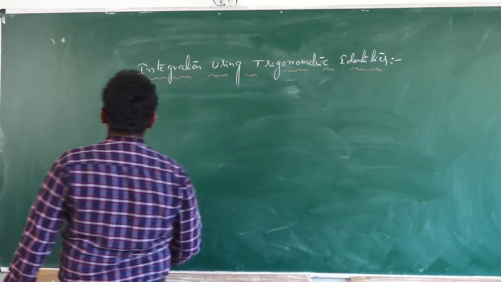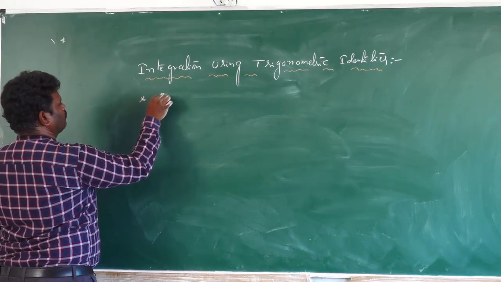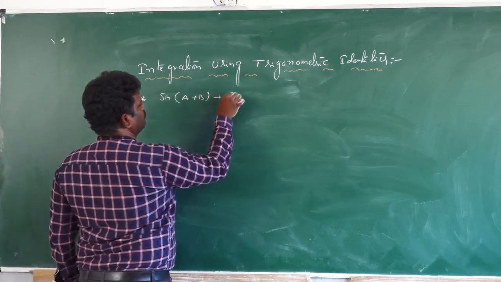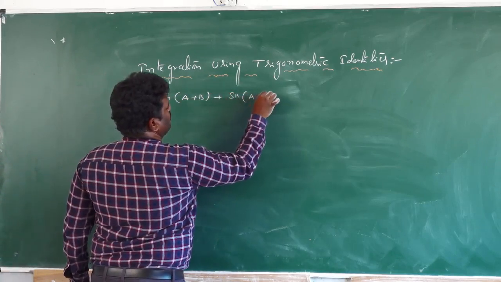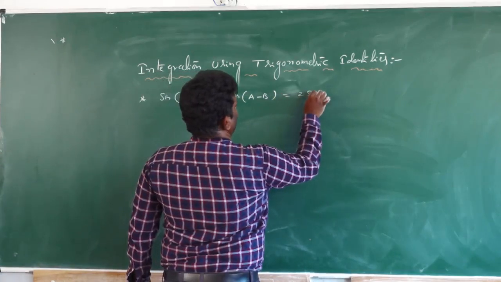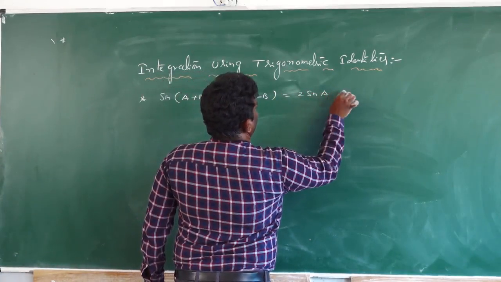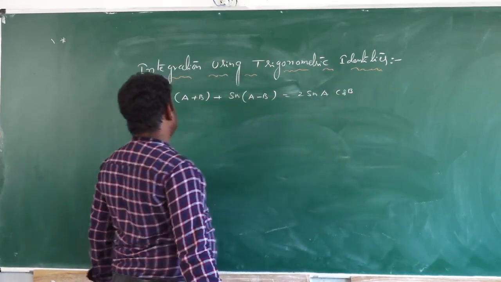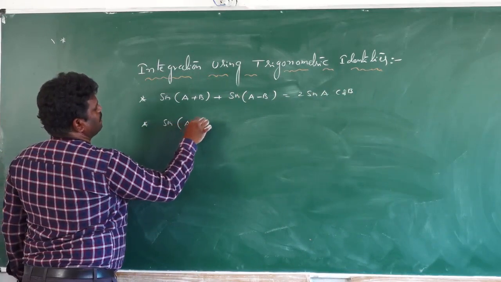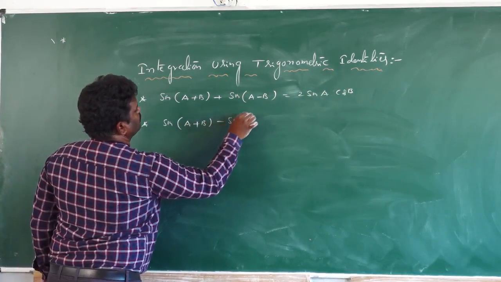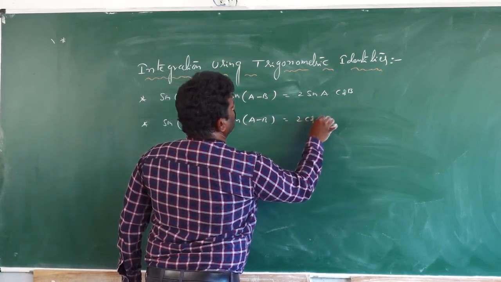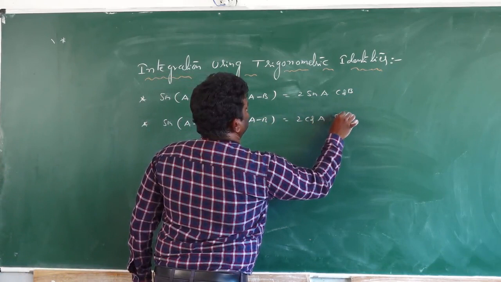Next, sin of a plus b plus sin of a minus b is equal to 2 sin a cos b. Again, sin a plus b minus sin a minus b is equal to 2 cos a sin b.